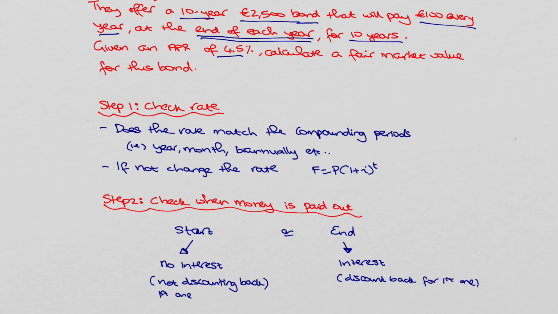And that would be for the first one, because every other payout will obviously be discounted back by a certain amount of time. So our first €100 that is paid out will have to be discounted back by 1 year.